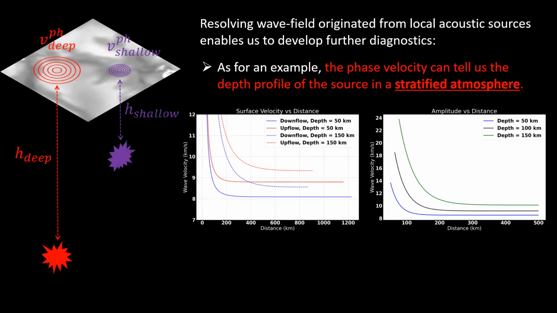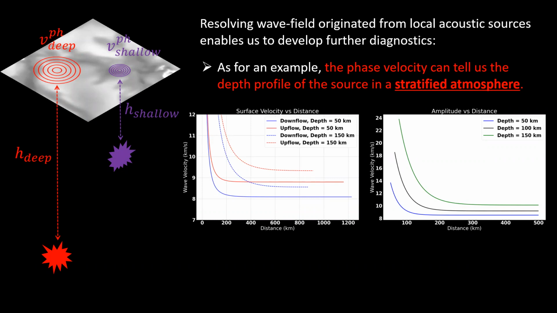If you have a source that is coming through an upflow, and that is relatively deeper, then it will have a very high wave velocity. If you have another source coming through the same upflow, but much shallower, then it will have a much lower surface velocity.